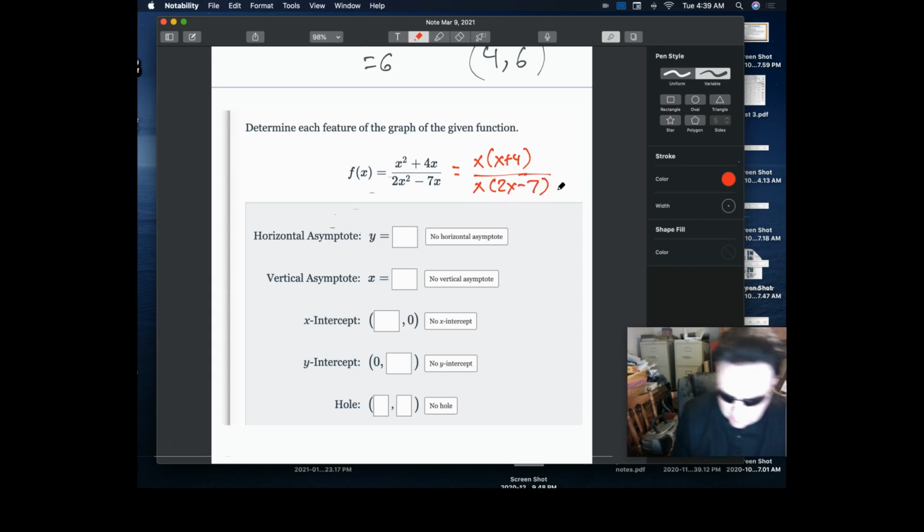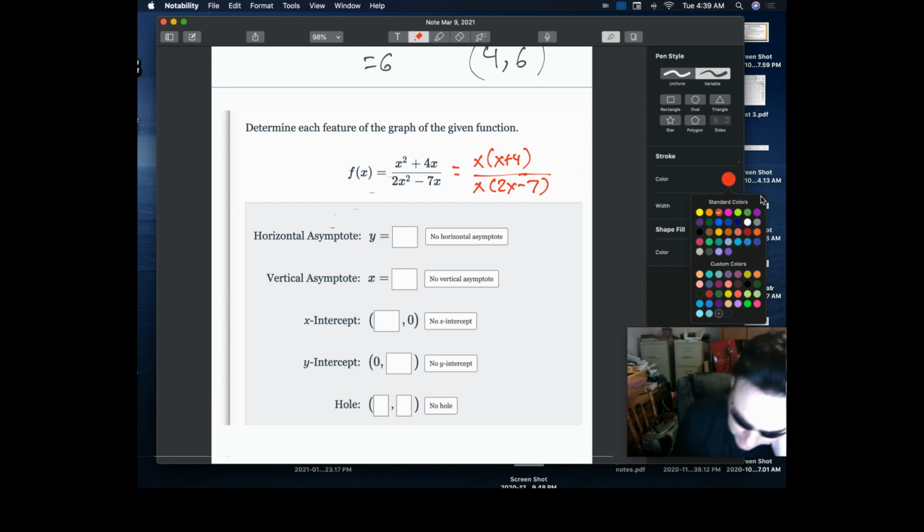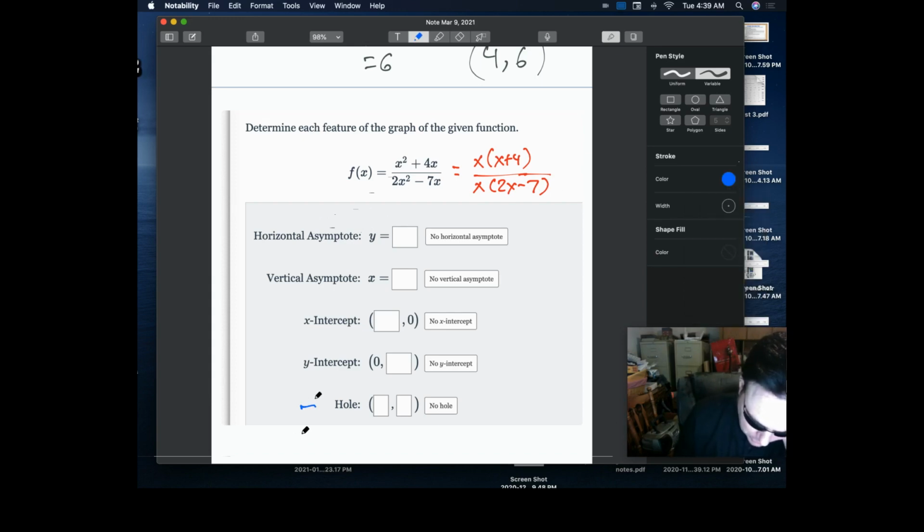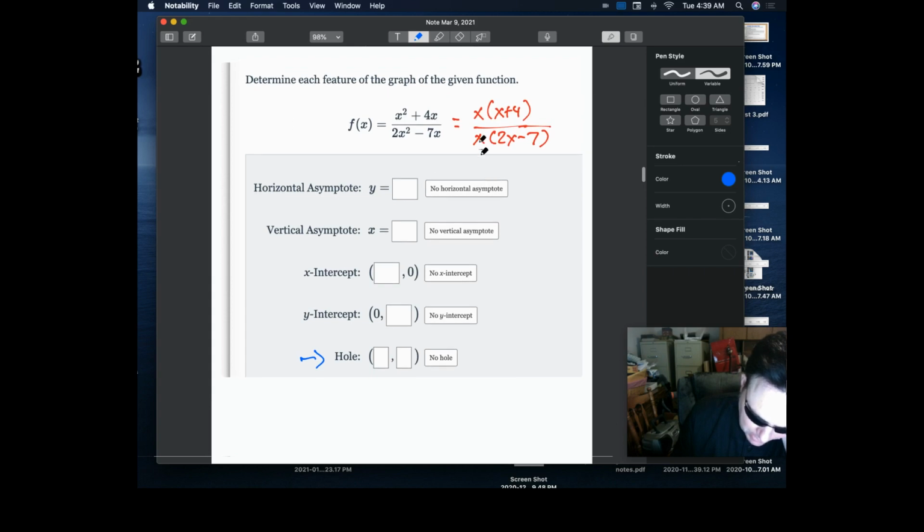So what I see here when I factor is that the x values are going to divide out, and that's going to give me a hole. So this will divide out. That means you have a hole at x equals 0.